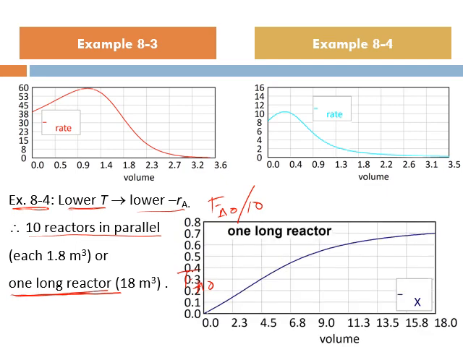So you can see here that this is the profile in one long reactor, where the complete FA0 is fed to the beginning of the reactor. And in this case, in order to achieve 70% conversion, we need around an 18 cubic meter reactor.